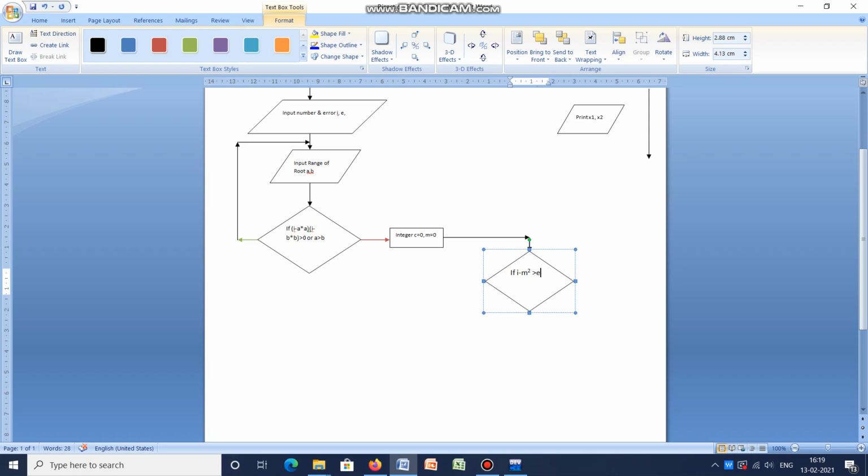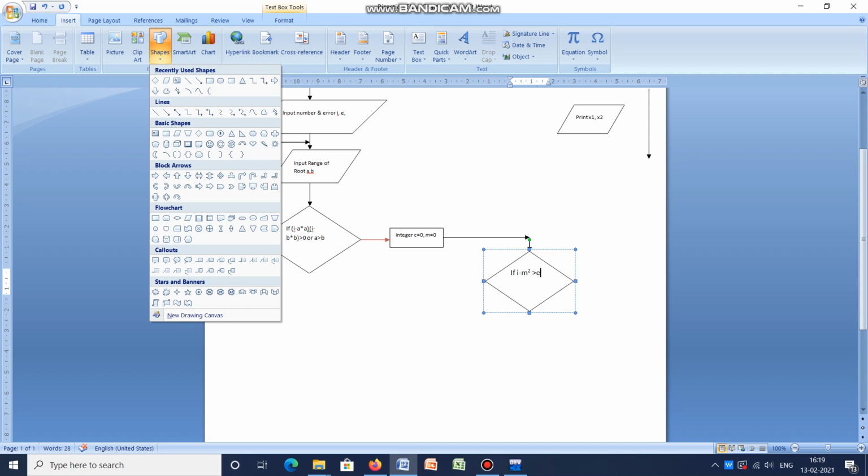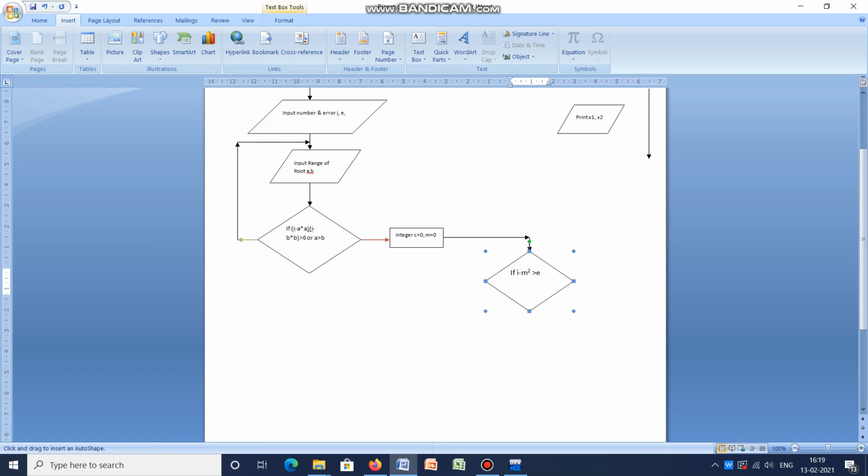It is greater than e or less than. So if it is not greater than, if it is less than e, so obviously we shall go for printing. If it is not greater than e, if it is greater than e, then I have to move for other portions, that is to process further. Okay, so here it is the arrow I am taking.